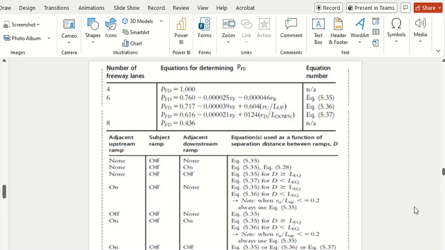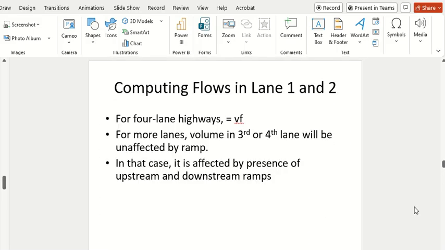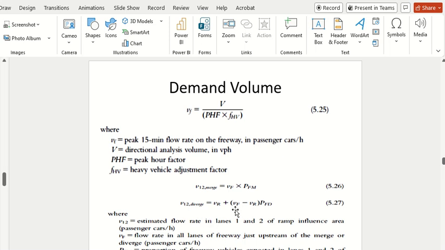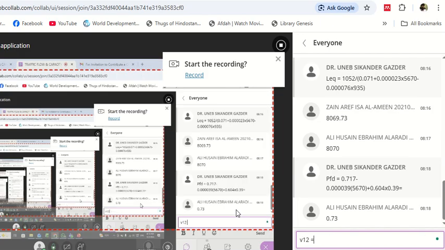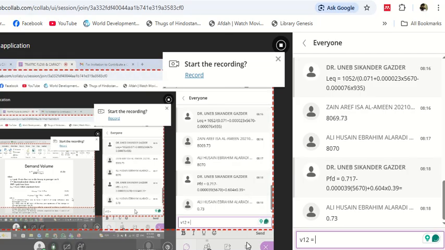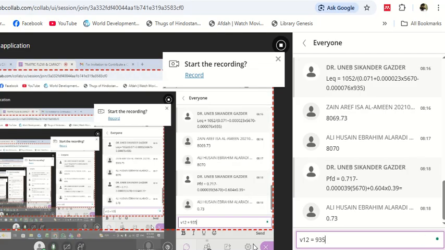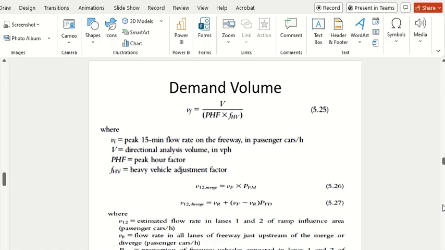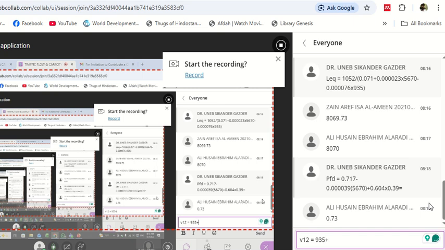Okay, so now I can calculate my first value for V12. V12 will be VR, which is 935, plus 5670 minus 935, times 0.73.